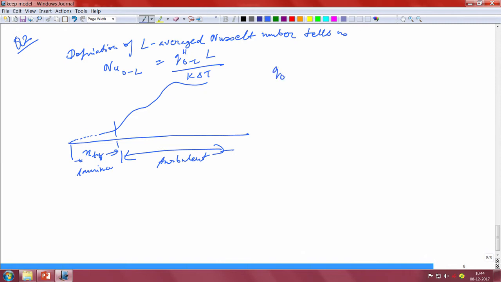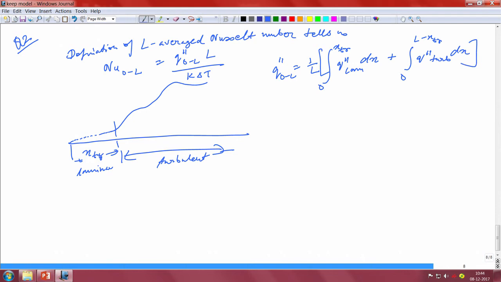So your Q 0 to L double prime, 1 over L, is basically a sum total from 0 to x transition of Q laminar into dx, plus zero to L minus x tr Q double prime turbulent into dx.